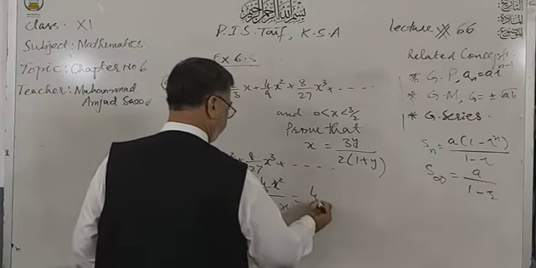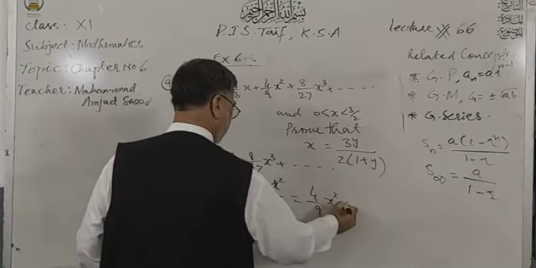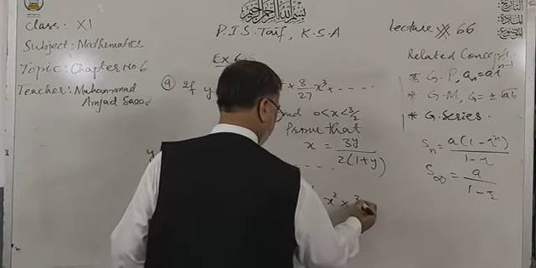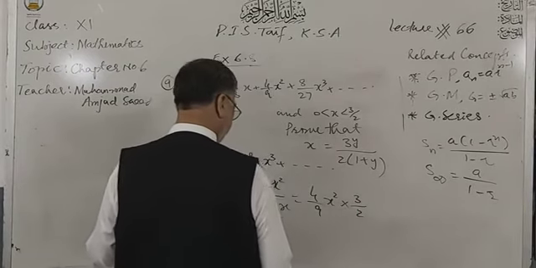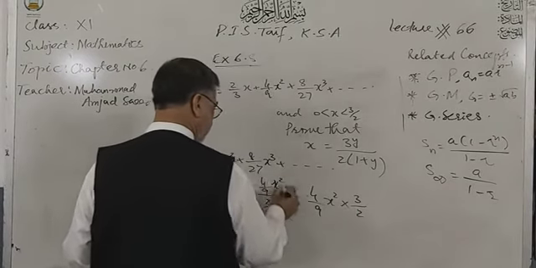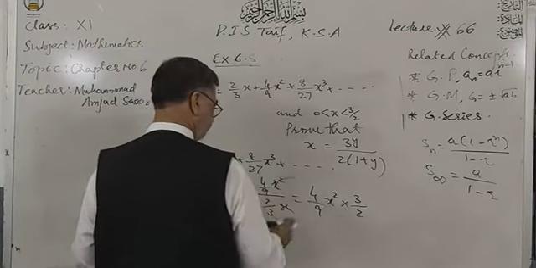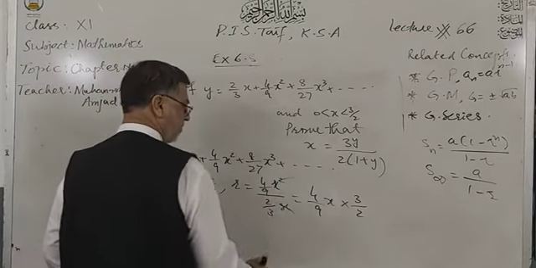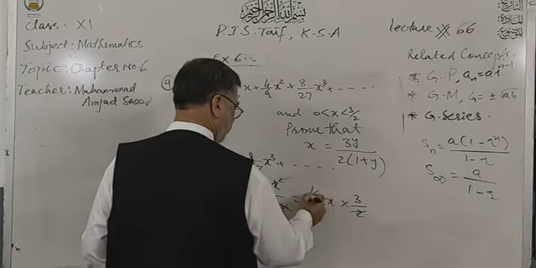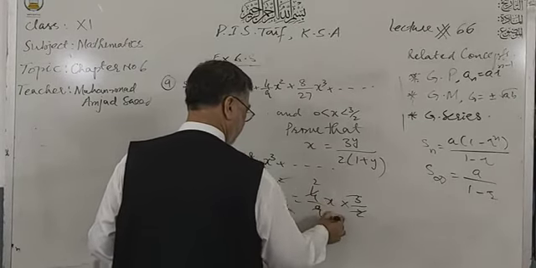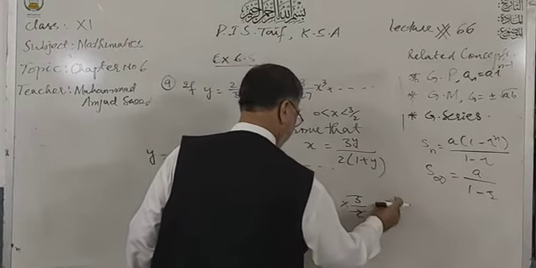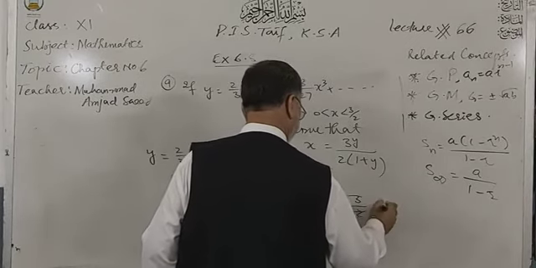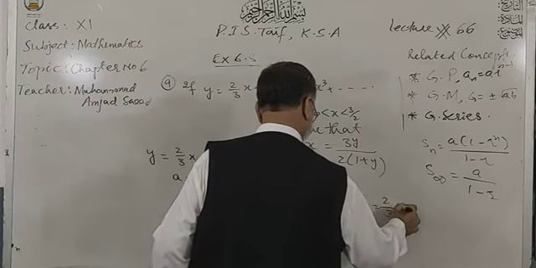That will be 4 over 9x squared multiplied by the reciprocal 3 over 2, and here x is cancelled with that x, and numbers are reciprocal. So it will be easy for you to understand. That will be 2 over 3x, your r.